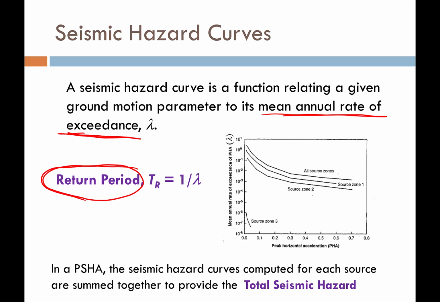So, in other words, if I want to know the return period of having a flood that achieves a certain level in this river near me, then I could say, okay, well, the time that typically passes on average between events that large, that is the return period of that level of flood. So if we want to get the return period, all it is the reciprocal of lambda. It's the reciprocal of the mean annual rate of exceedance. So that tells you the relationship between those two.